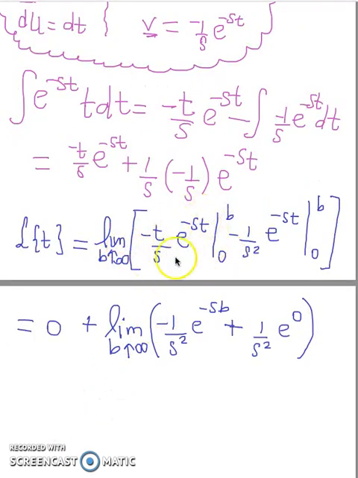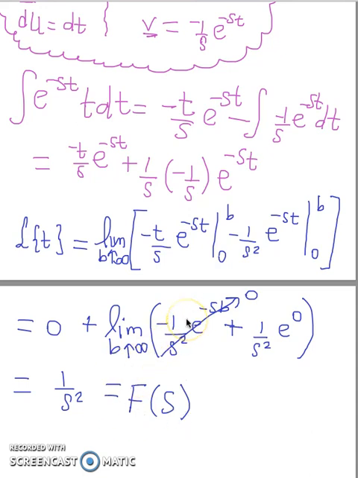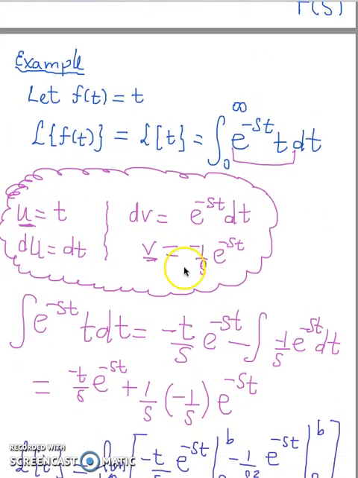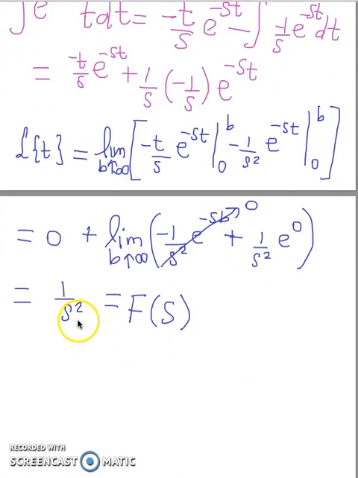It's not difficult to see that the first term here becomes 0, and the second term we evaluate at b and 0, which means that by taking the limit as b goes to infinity, the first portion goes to 0, and we are left with 1 over s squared. And this is what we call capital F of s, the Laplace transform of the identity line f of t equals t, which is equal to 1 over s squared.